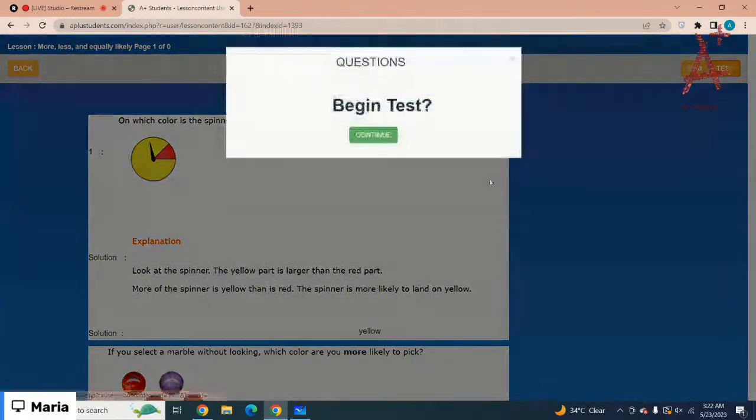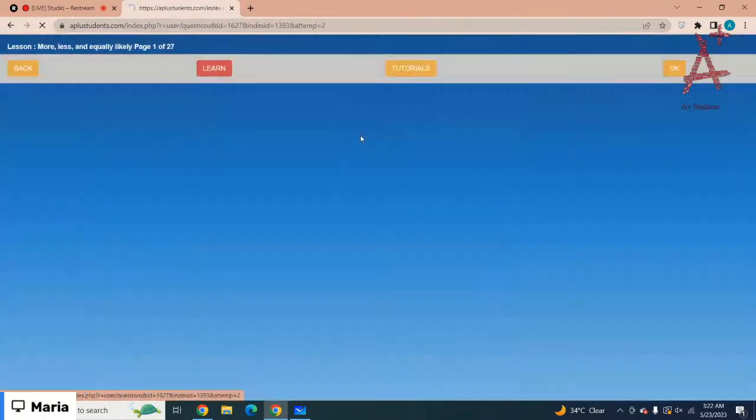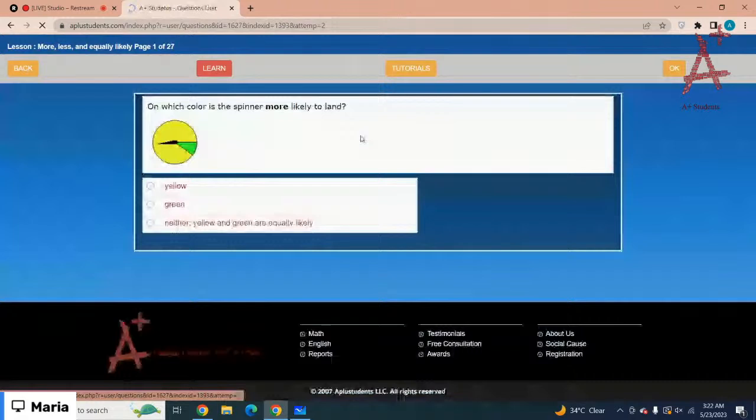Let's just start with the practice questions. Okay, on which color is the spinner more likely to land, yellow or green? So which is the correct option?